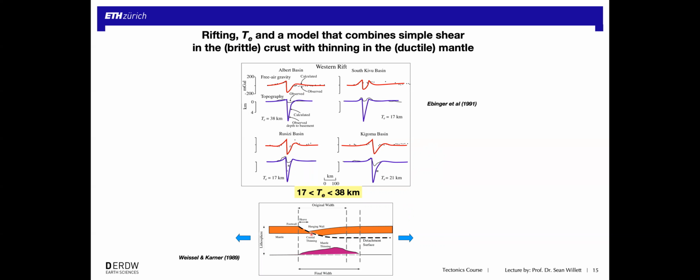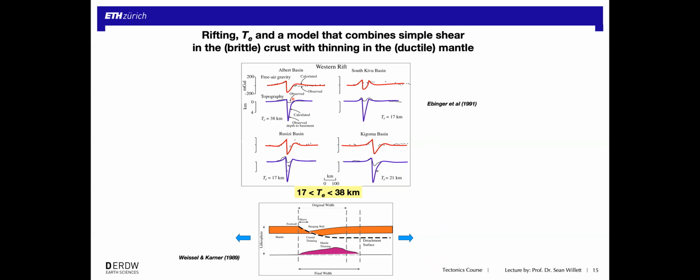So thinning of the crust, in this little example, we're looking also at thinning of the mantle, but if we have net uplift, this is looking at some of the rifts in Africa, and we see that we have quite strong uplift of the rift shoulder.